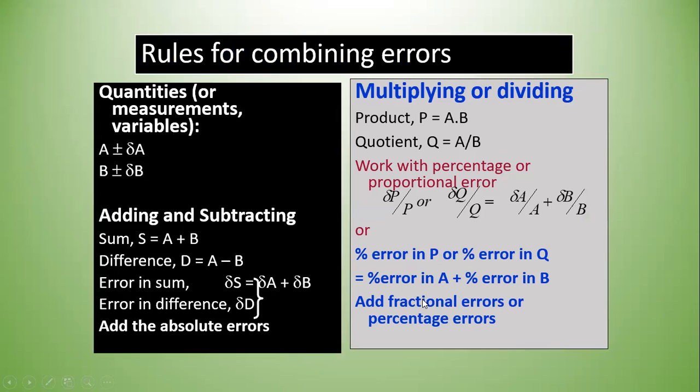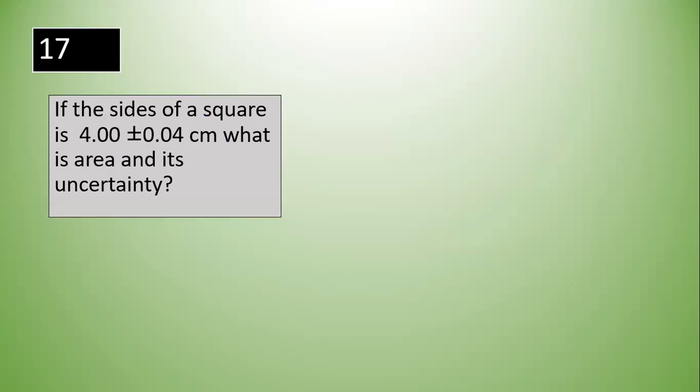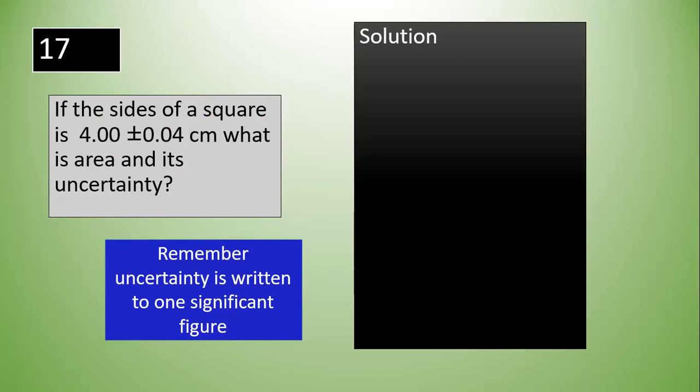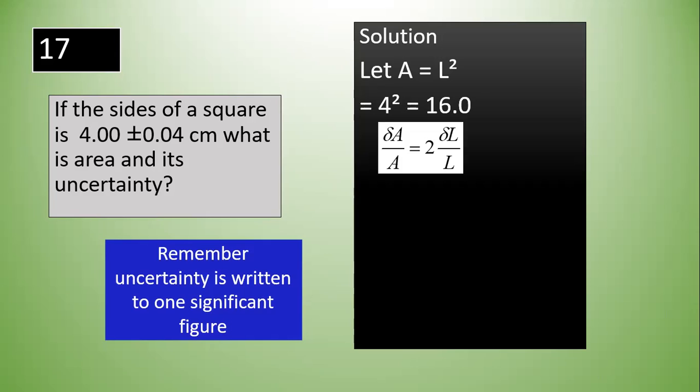Okay, so let's summarize the rules that we can use. This one we have done before. You can use your A equals L squared. You can find your A, 4 squared, 16.